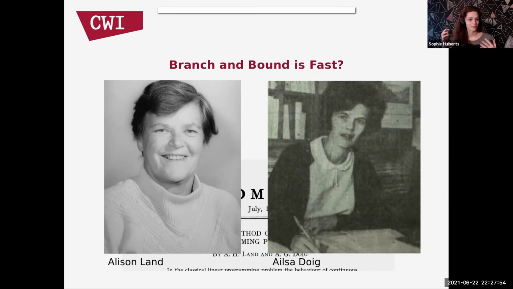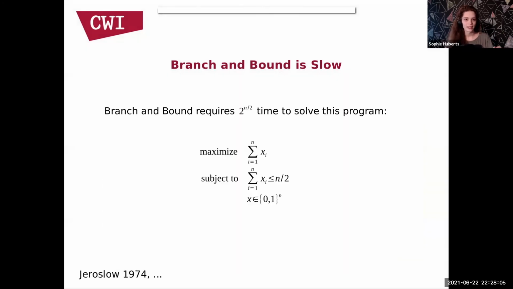So we have this branch and bound algorithm, which can solve many problems in a reasonable time, even though some simple inputs have it generate a tree of exponential size. And here we see one example. If we want to maximize the sum of our variables, subject to the same sum being at most n over 2, well, we can eyeball this value.